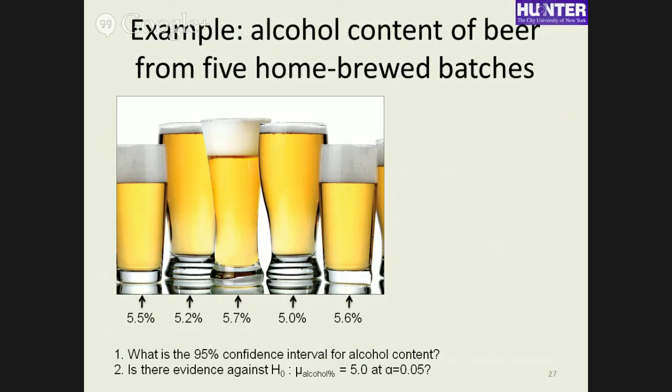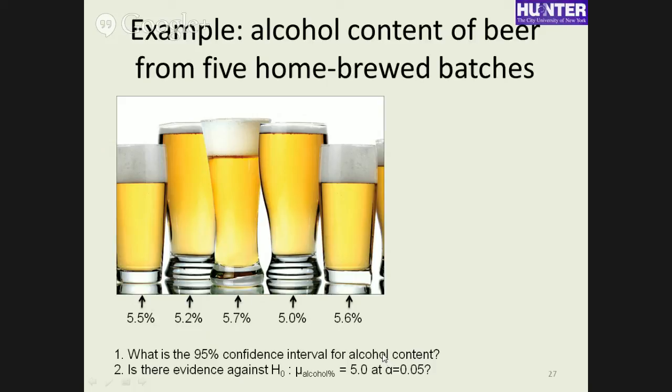Here's an example for you to take home. We're not going to do it right now in class because I want you to be able to get down to the lab. We're a little bit late now, but if we've got 5 glasses of beer from a relatively inconsistent brewing process, they have these different alcohol volumes. What is the 95% confidence interval for alcohol content of beers being produced by this process?